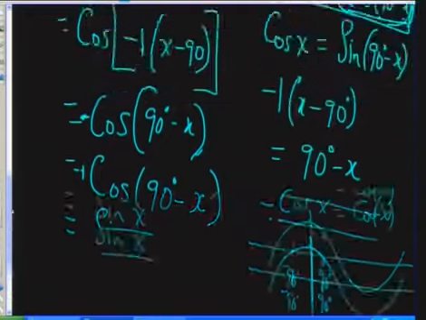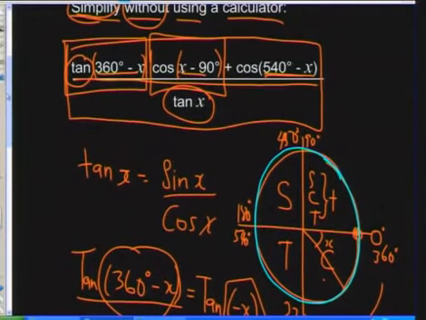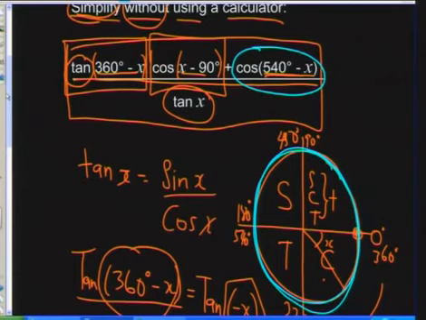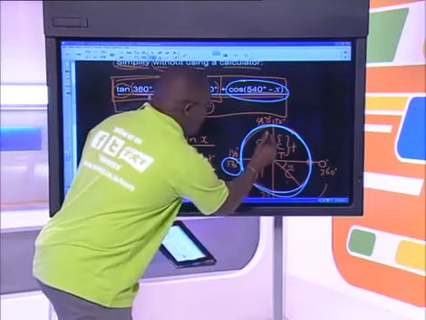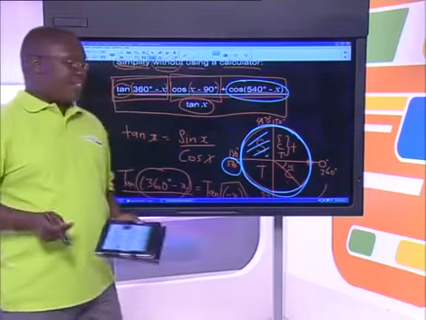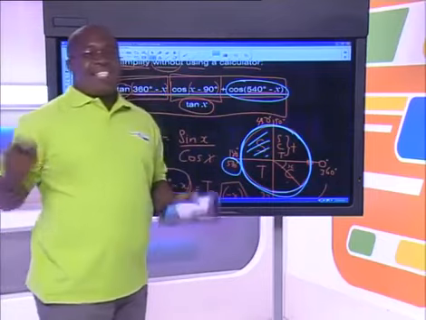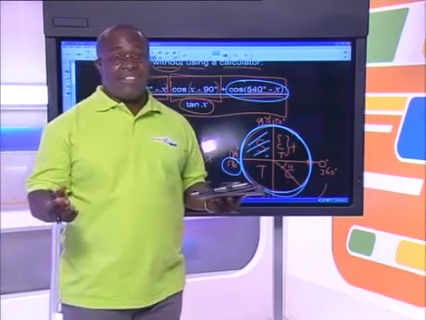Now let's go to the next one, which is cos 540 minus x. I'm still using my circle here. 540 is there at the boundary of the second quadrant. Now we've got 540 and we're subtracting x. Remember, x is less than 90 degrees, so it's going to fall within the second quadrant. And in the second quadrant, is cos positive or negative?